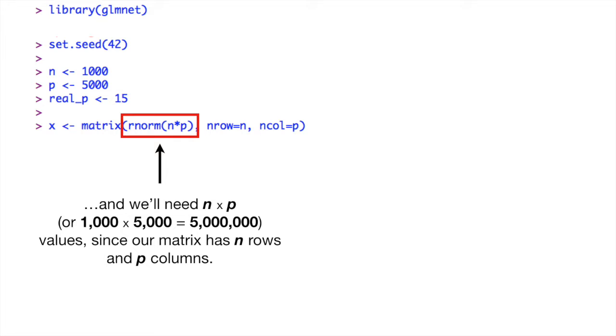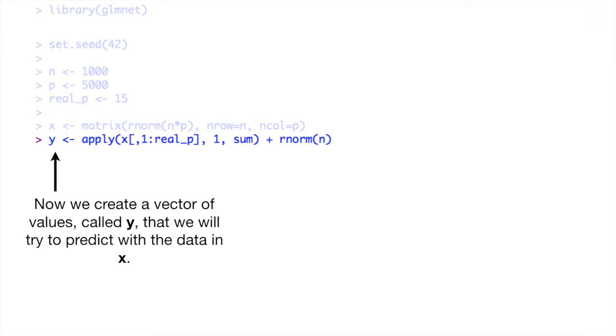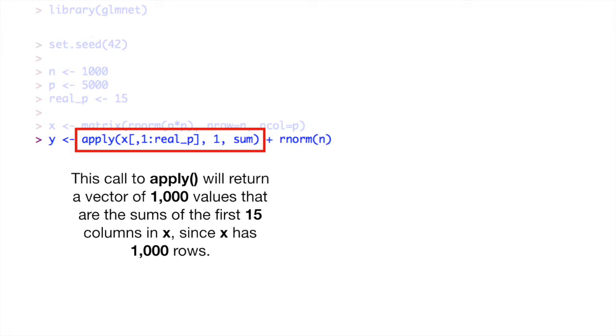Now we create a vector of values called y that we will try to predict with the data in X. This call to apply will return a vector of 1,000 values that are the sums of the first 15 columns in X, since X has 1,000 rows.